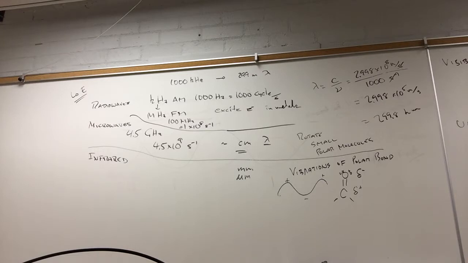Less than 390 nanometers on down, usually over a couple of orders of magnitude. Ultraviolet is going to be much higher frequency, and what it can do is break bonds.